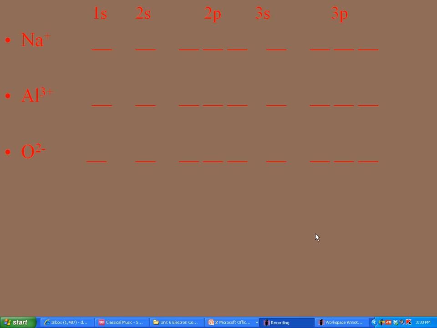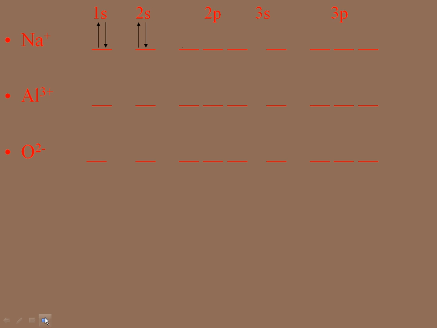Now I'm going to fill in my little chart just like you have in your notes. There's the electron I'm going to lose. Aluminum, I should lose 3 electrons. Those are gone.